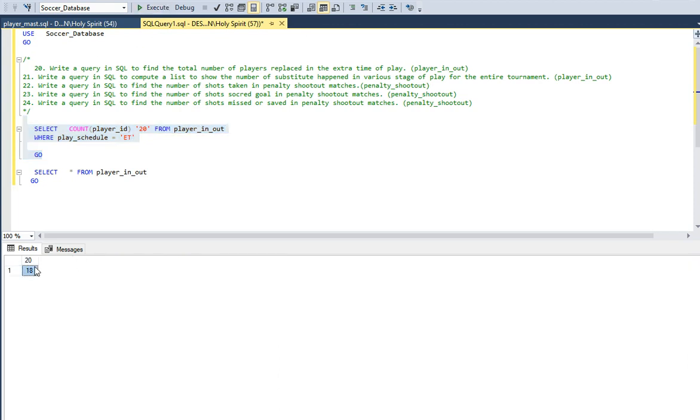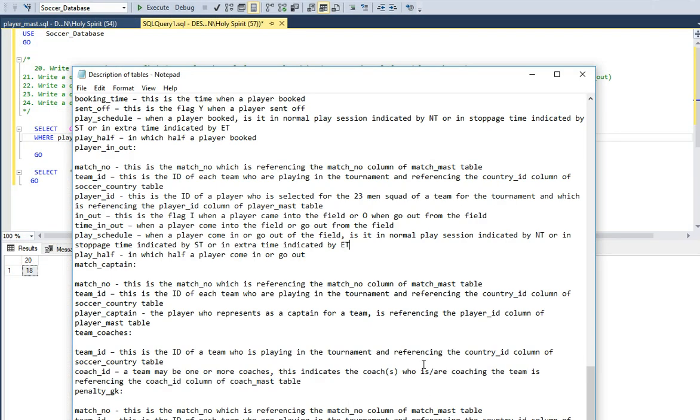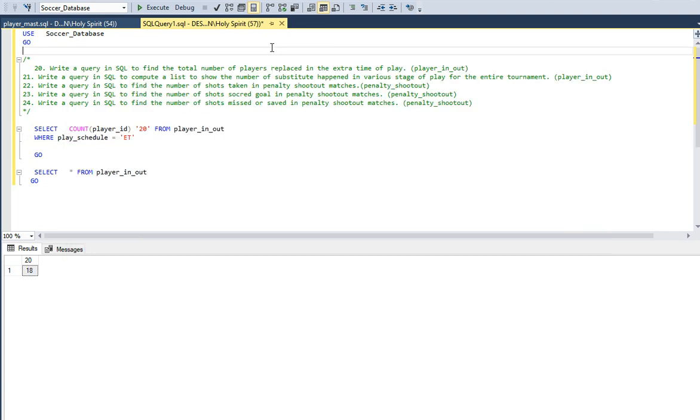Execute. Oh, there are 18 people out there with play schedule ET. So as I said, we have to go through this description of tables thing. I'm going to provide you this one as well. Please go through it. Thank you.